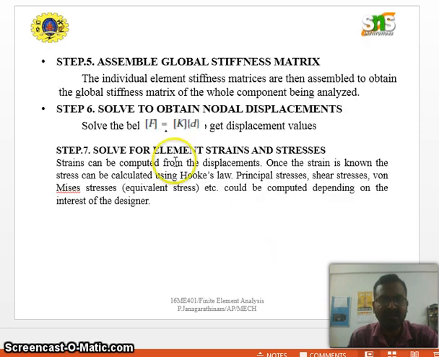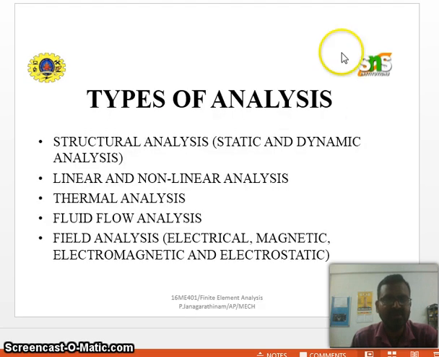Then the fifth one is to assemble the stiffness matrix, and the sixth one is, based on the assembled equation, to apply the boundary conditions. In our seventh step, we calculate the unknown displacements of both L sections. These are the different types of analysis we can do using finite element analysis: structural analysis, either static or dynamic.